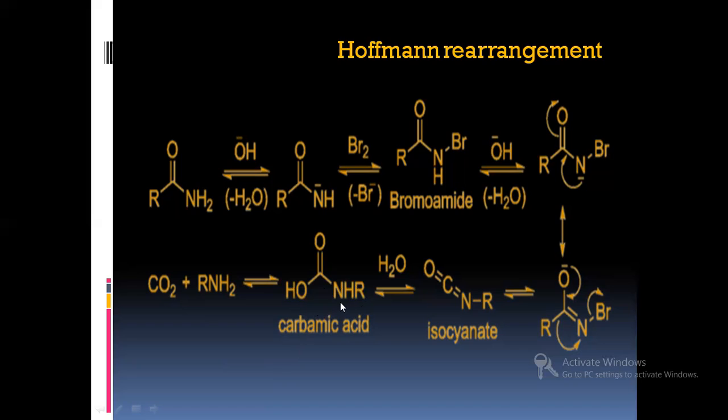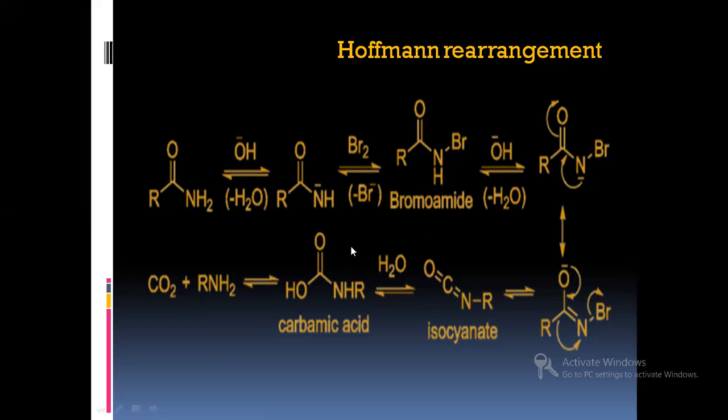So this carbamic acid can be considered as a zwitterion intermediate, which contains here NHR. The charges are missing. This NHR is your ammonium cation and this is your carboxylate anion. If I split this compound, it becomes NHR plus and this becomes COO minus anion.